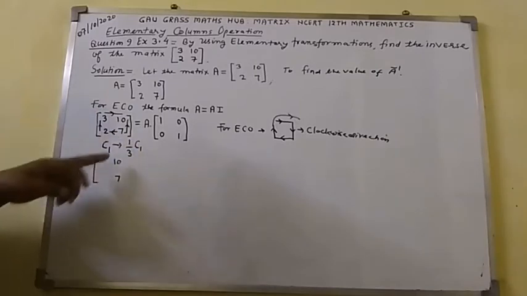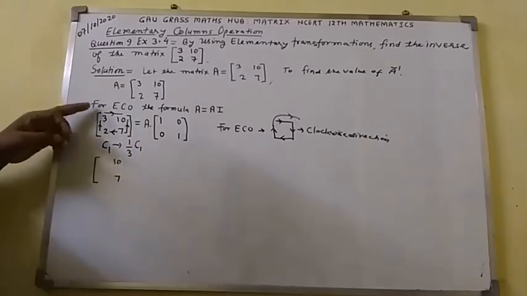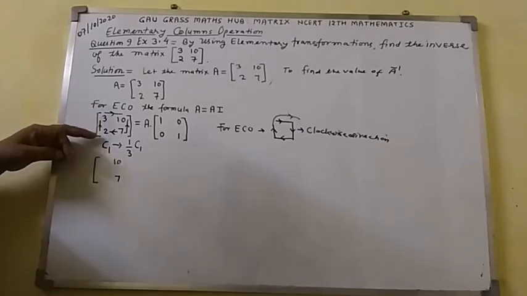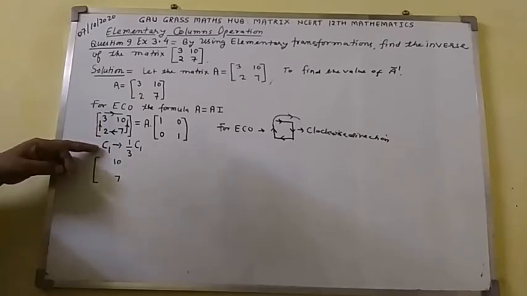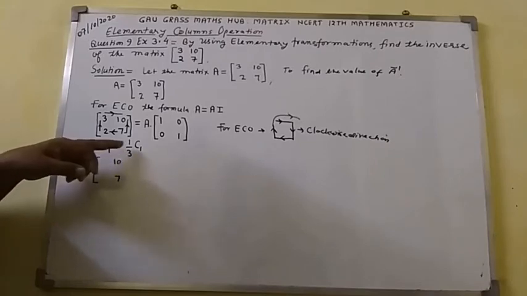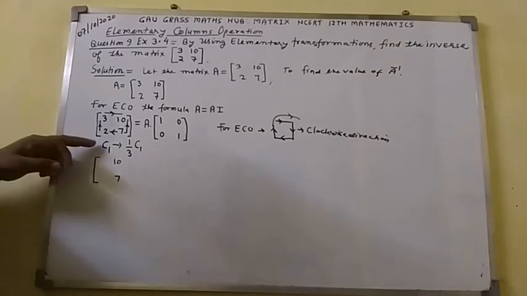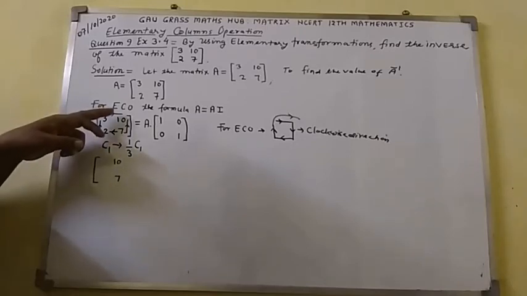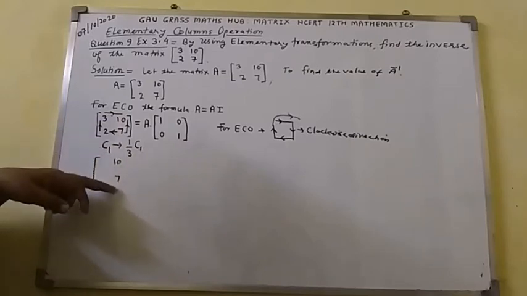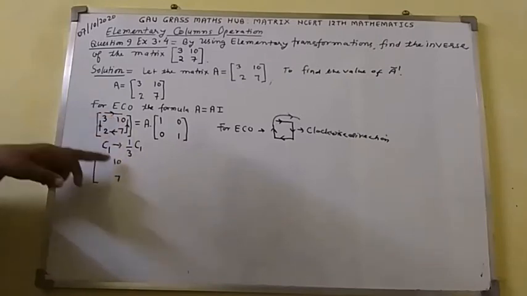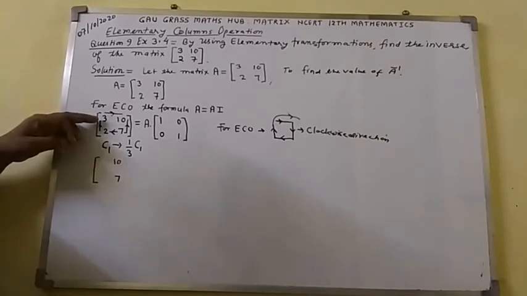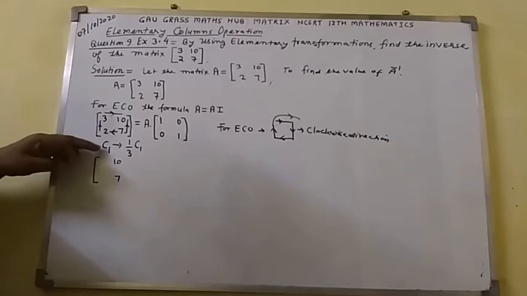Only the first column changes, because I have applied the property C1 goes to 1 over 3 C1. So only the elements of C1 will be changed. The elements of C2 will remain fixed. That's why I have written 10, 10, 7, 7. 3 will be converted into 1 by applying this property.